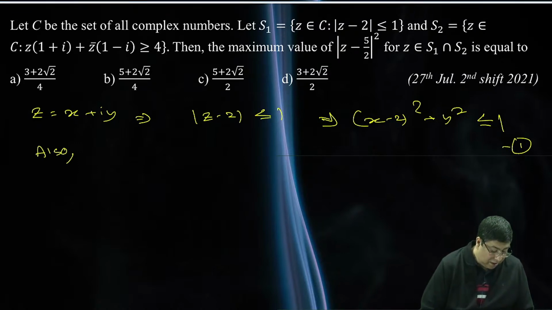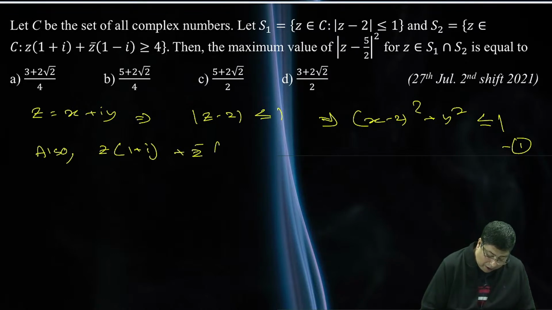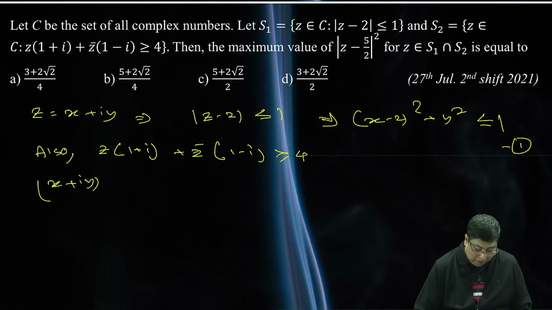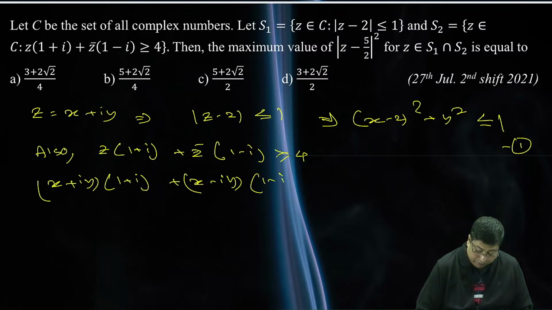Also we can say here that z into 1 plus I plus z bar into 1 minus I greater than equal to 4, which is given. What to be done? Let us write z equal to x plus iy, so x plus iy into 1 plus I plus x minus iy into 1 minus I greater than equal to 4. Okay.